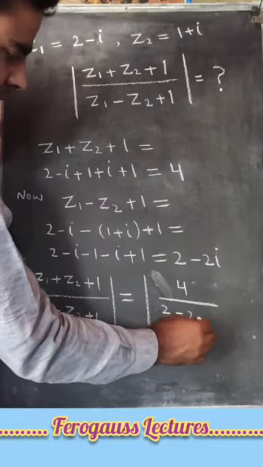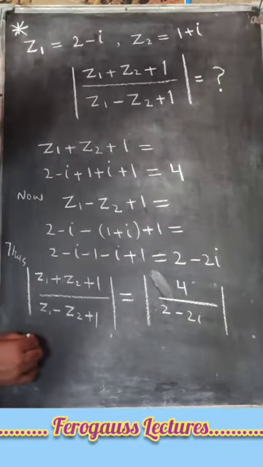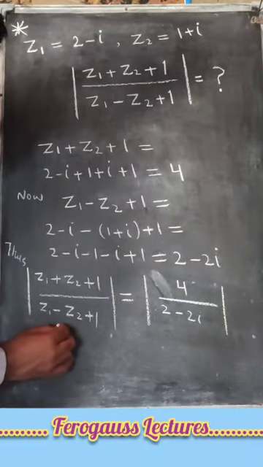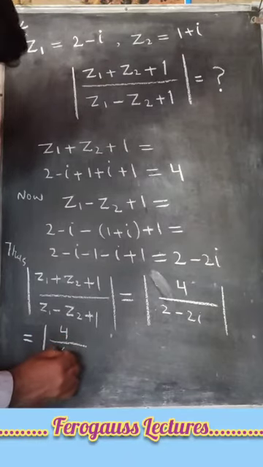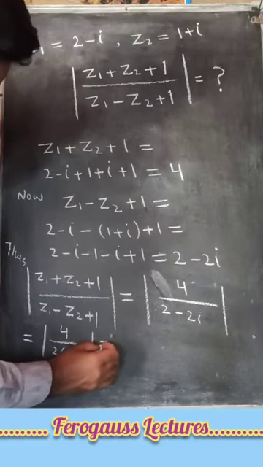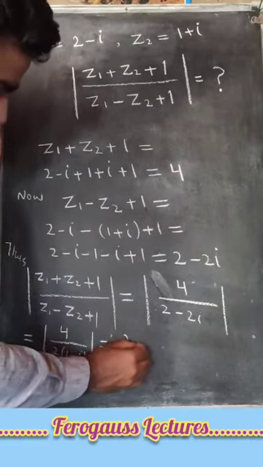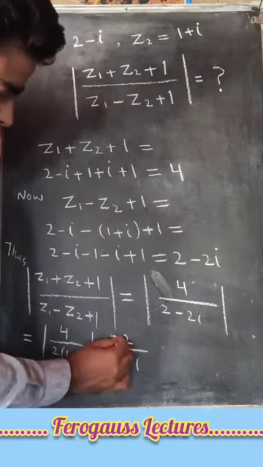Now take 2 common, this is equal to 4 divided by 2 times 1 minus iota, that is equal to 2 divided by 1 minus iota.